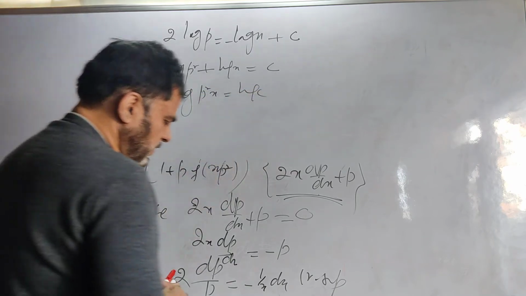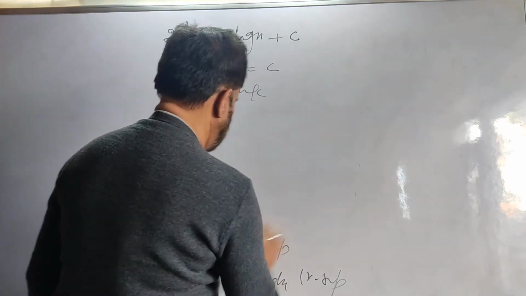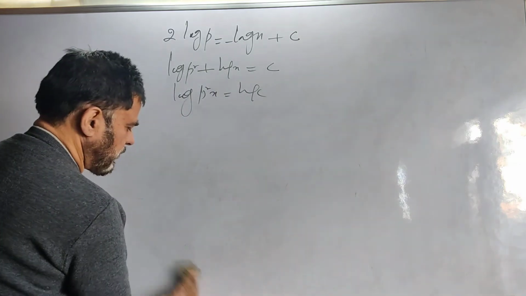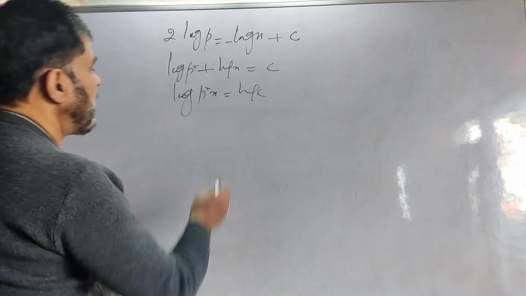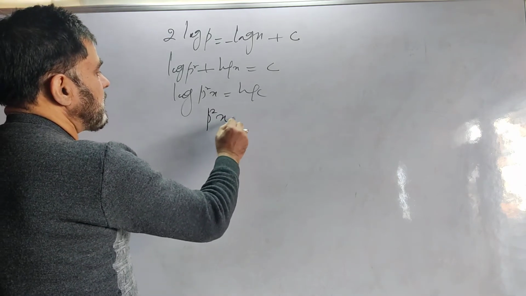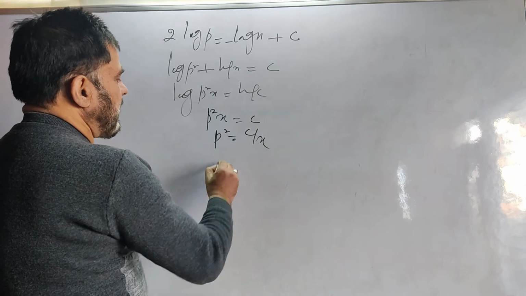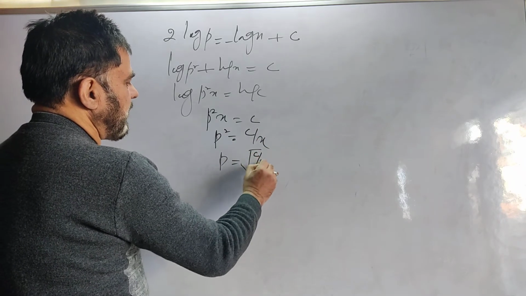Log is at your disposal. You can choose c as log c. It is an arbitrary constant at your disposal. You have to choose any constant involving c. Now this is p square x is equal to c. This gives p square is c by x. I can write now p is equal to root of c by x.